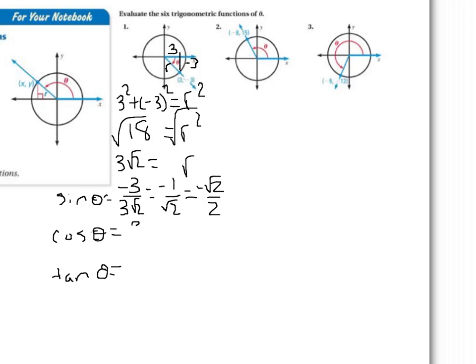Cosine is the x value over the radius, which is 1 over root 2, so this is positive square root 2 over 2. Tangent is the y value over the x value. So negative 3 over 3, negative 1.